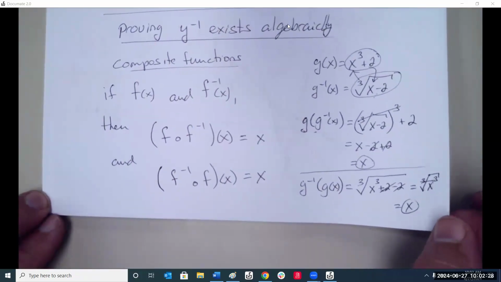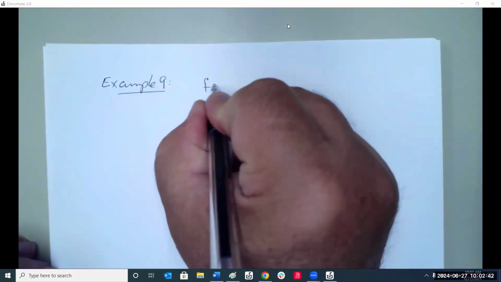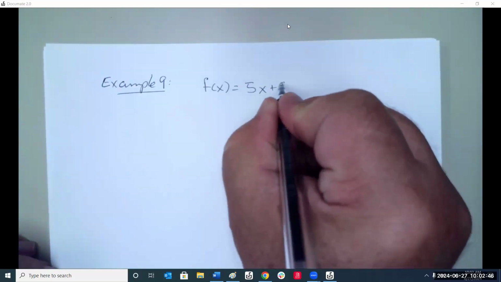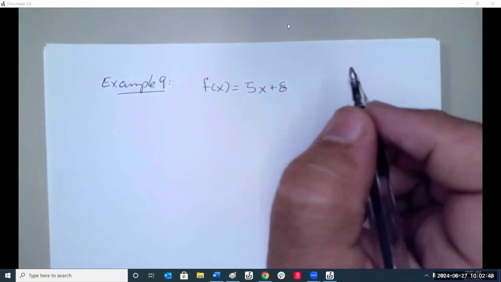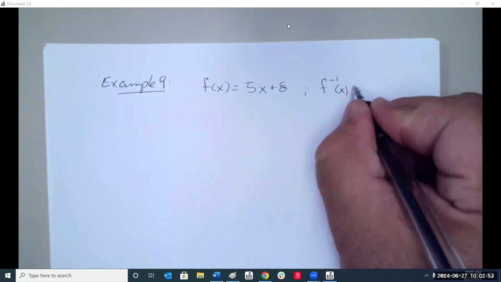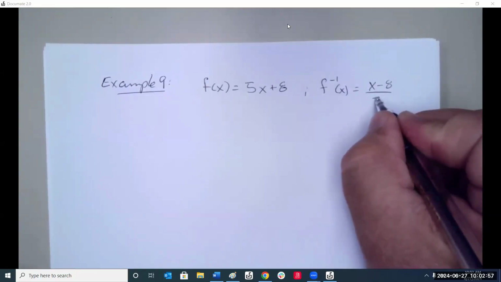Let's look at an easier one. Example 9. F of x is equal to 5x plus 8. And they're alleging that the inverse function is x minus 8 over 5.